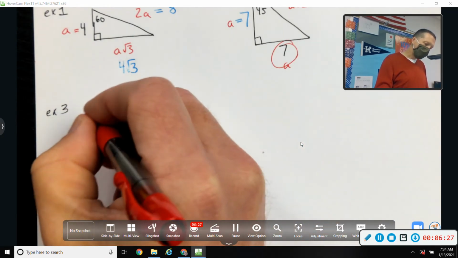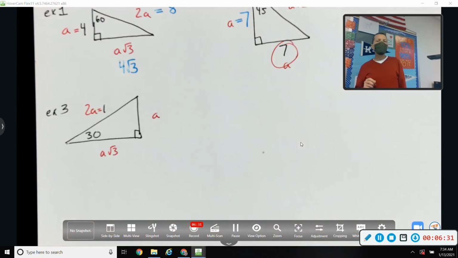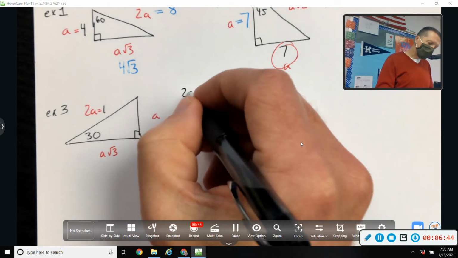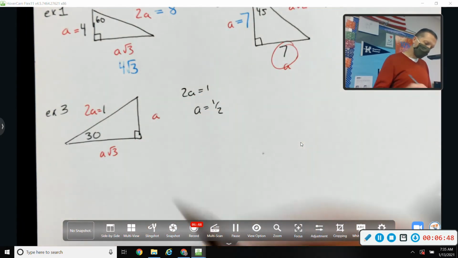Hypotenuse is 2A. So what's A equal to in this problem? 1/2. So this is a little bit trickier, not much trickier, but a little trickier to figure out what A is equal to. But if 2A is equal to 1, then A is 1/2.